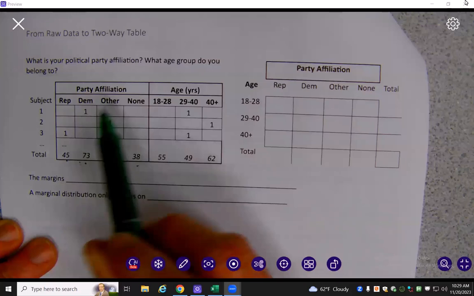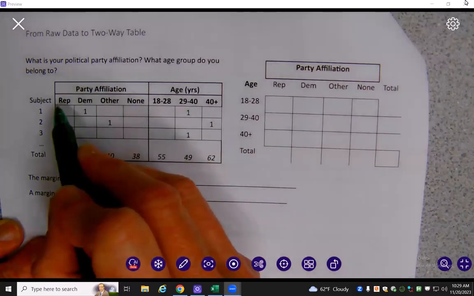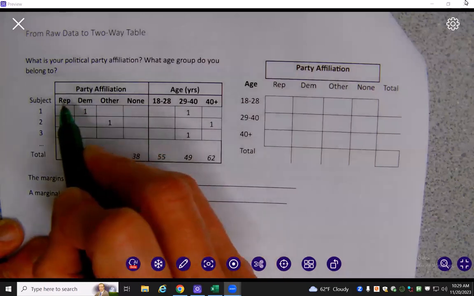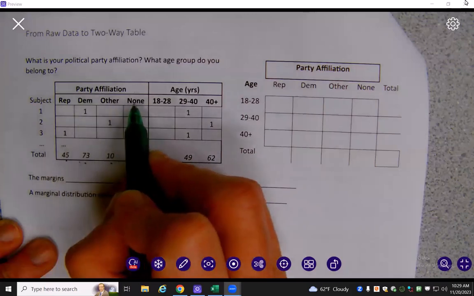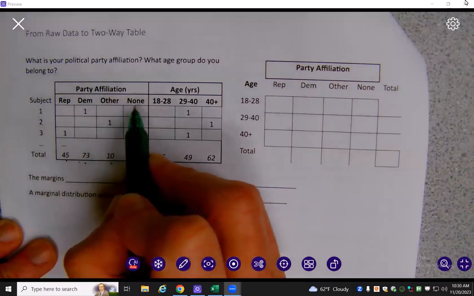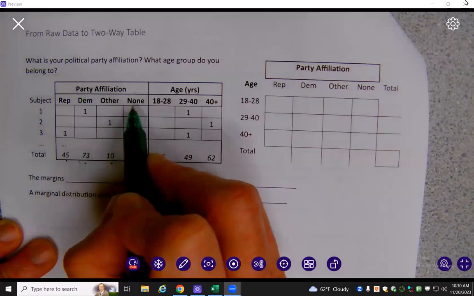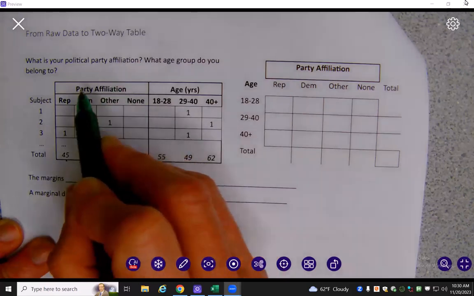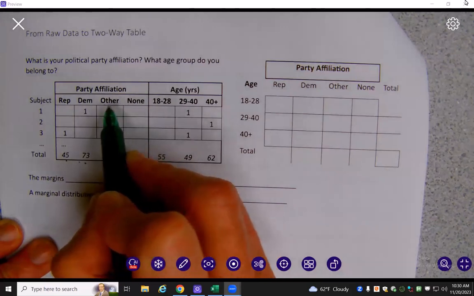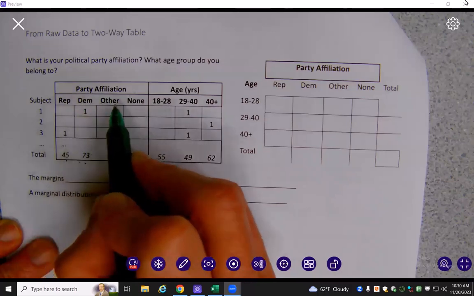As far as party affiliation, and notice party affiliation is the variable, see these right here? What are these called? In the general terms of what we've been describing, the variable is party affiliation, but these are definitely categories.